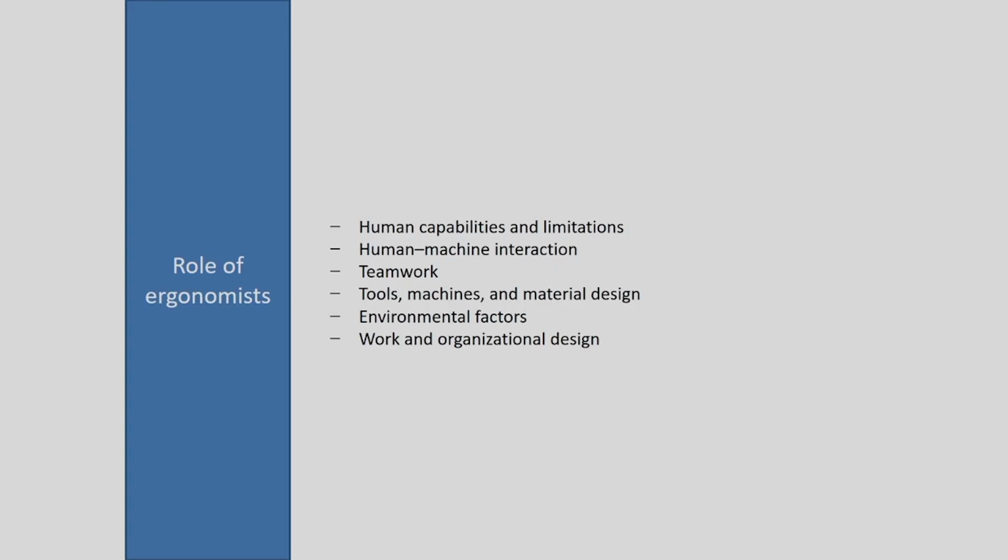So, how is information flowing? Workload, work demand, work autonomy, all these things will come into the picture. Tools, machines, material design, environmental factors. This is again a very important factor, because if we are talking about human capacity and human performance, it is pretty much connected with your environmental factors.